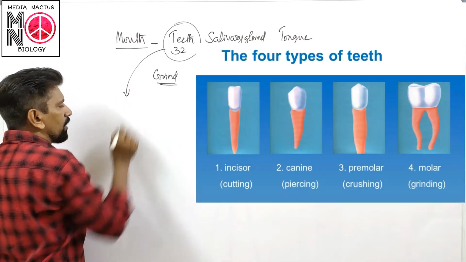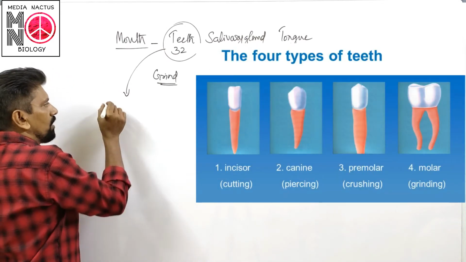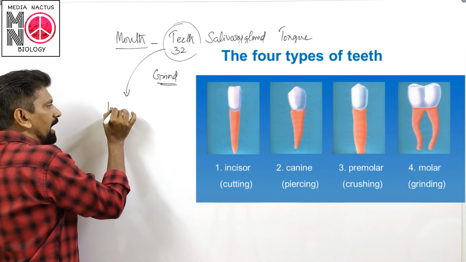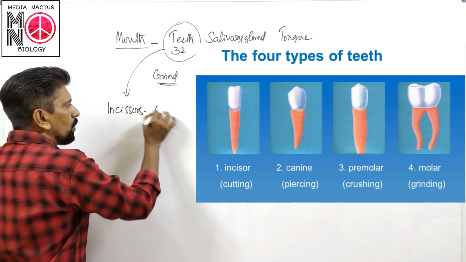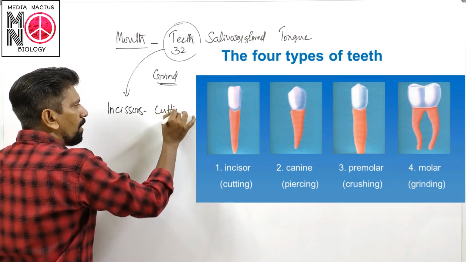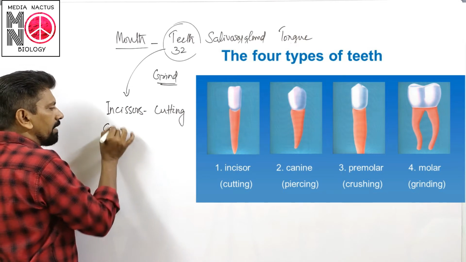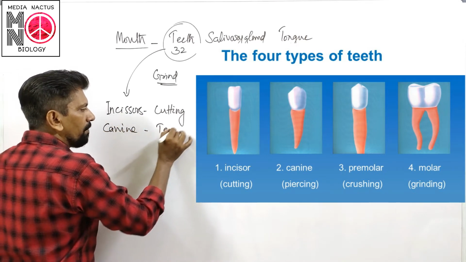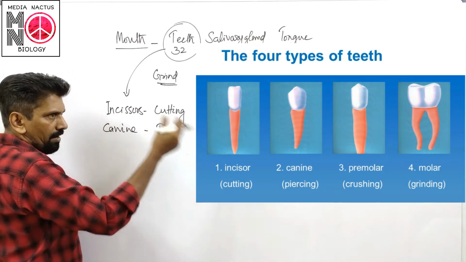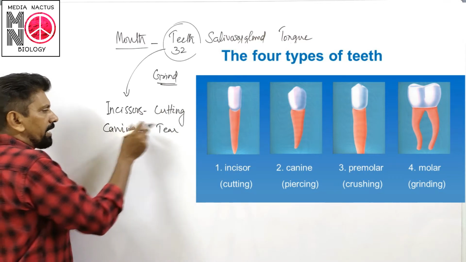Mainly there are 4 types of teeth present in the mouth. The first one is known as the incisors. Incisors help to cut the food particle. It is the cutting type. Then canines help to tear the food particle, and flesh-like material is torn with the help of the canines.